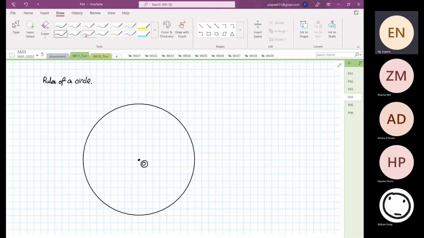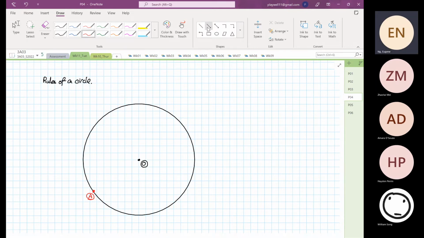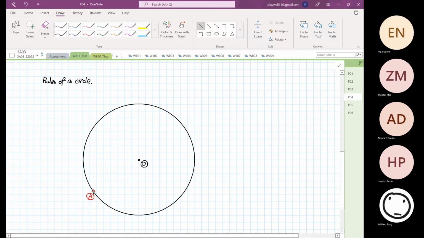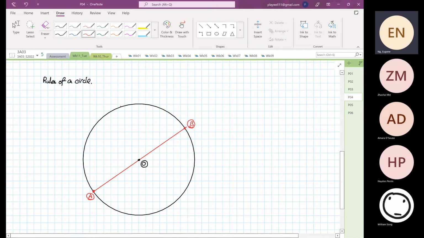Then from here, I pick an arbitrary point, and this is point A. From point A, I go through point O, the center of the circle, and cross to the other side of the circumference, and this is our point B. Then I arbitrarily pick a point somewhere around here and call it point C.